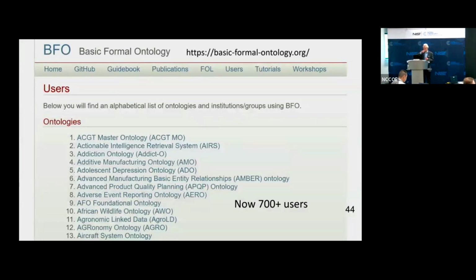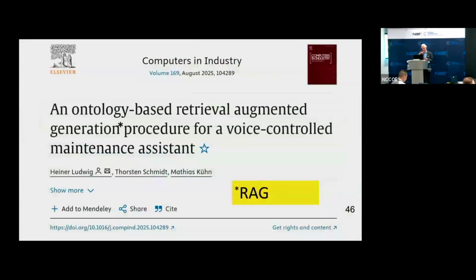All right, so now we have, as I say, more than 700 users of BFO, and we have an increasing number of users. So one of the main reasons for this is because of the idea of retrieval augmented generation, whereby many people are beginning to see that the RAG-based procedures in AI work better when they are built on the basis of a well-grounded ontology.